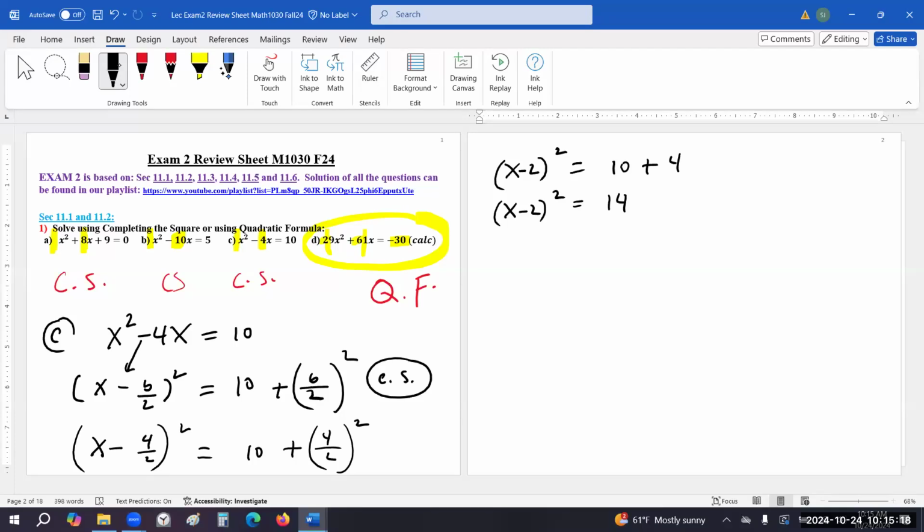Okay, so our goal is to get this x alone. So what do you have to do? First, it is the square root, because our goal is to cancel the power first. So you're left with x minus 2. And since we took the square root of a variable, what happens to the other side?